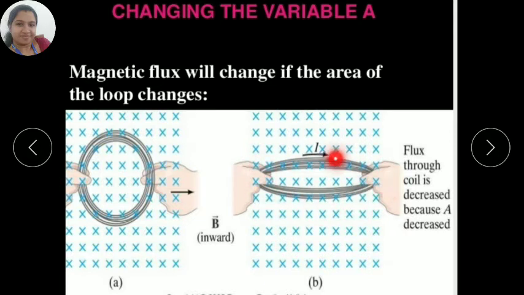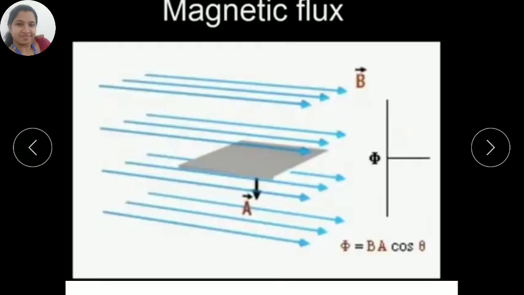In this diagram, area decreases, so magnetic flux also decreases. So the value of magnetic flux depends on the area of the given surface and the angle between B and A.